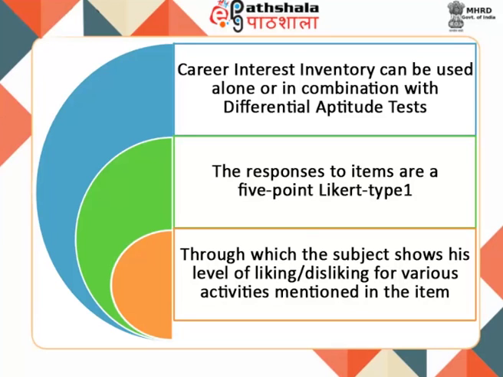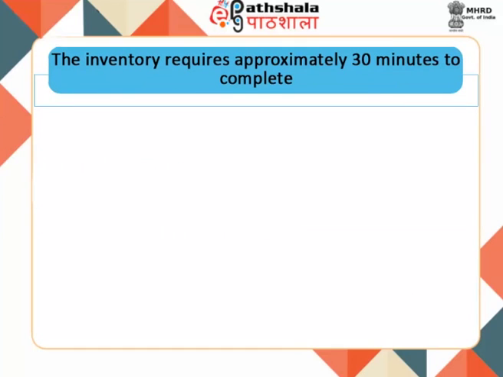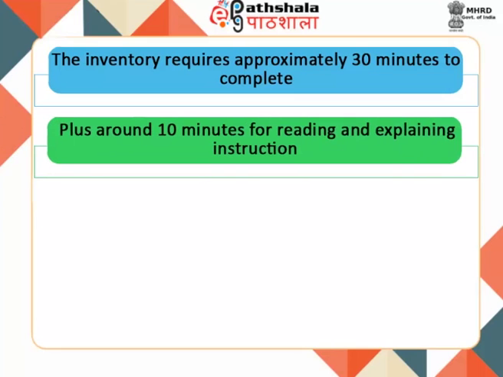The items are like help families choose a home to buy, and responses are 5 like very much, 4 like a little, 3 unsure or undecided, 2 dislike a little, 1 dislike a great deal. The inventory requires approximately 30 minutes to complete plus around 10 minutes for reading and explaining instruction.